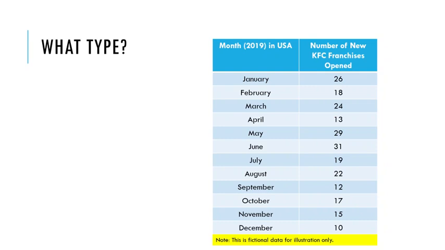Well, we're tracking over time, so I can rule out cross-sectional, right? But how many subjects do I have? We've got Kentucky Fried Chicken franchises. It's the only thing we're interested in. We're not looking at Kentucky Fried Chicken and Burger King and McDonald's, right? Everyone agree this is going to be time series data.